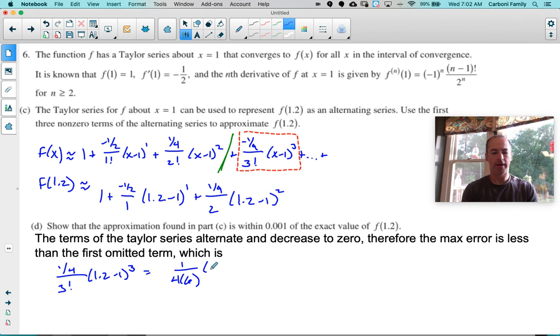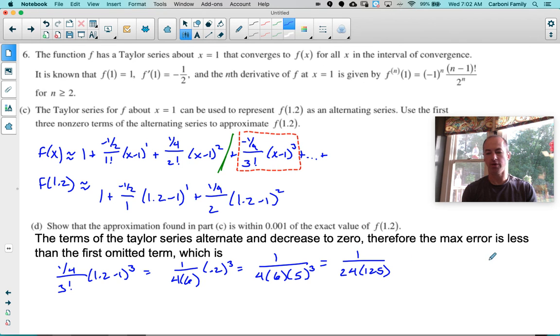And that will be 0.2 cubed. 0.2 is 1/5. So that's going to be 1 over 4 times 6 times 5 cubed. So 4 times 6 is 24. 5 cubed is 125. And what is 24 times 125?